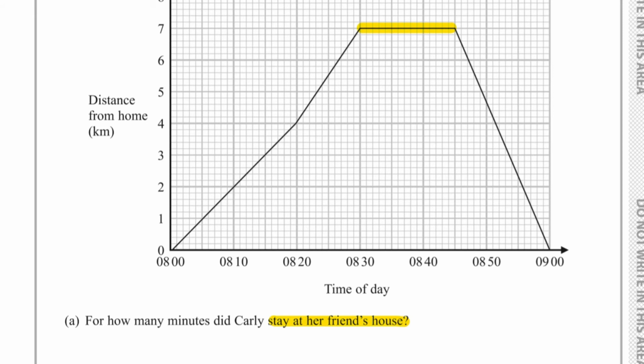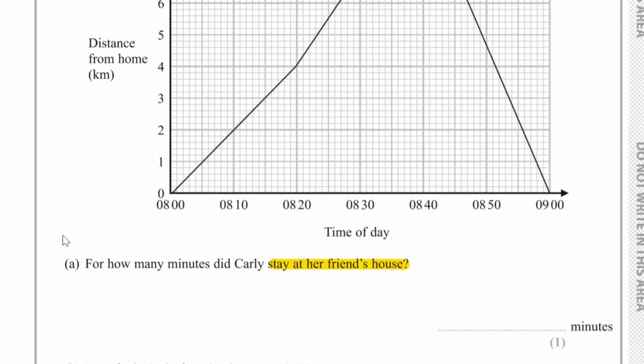So if we take a look at the times, we've got 8:45 subtract 8:30, which will tell us how many minutes she stays at her friend's house. So we have 845 subtract 830, that's equal to 15 minutes.